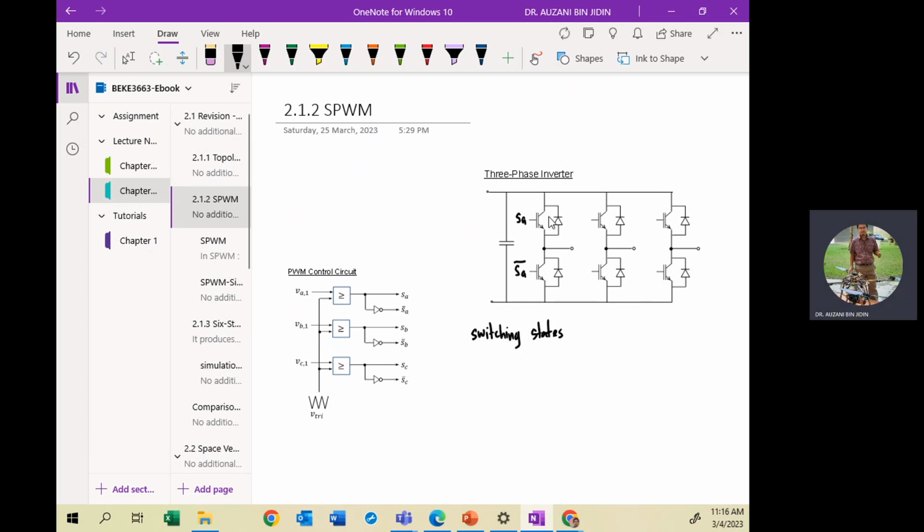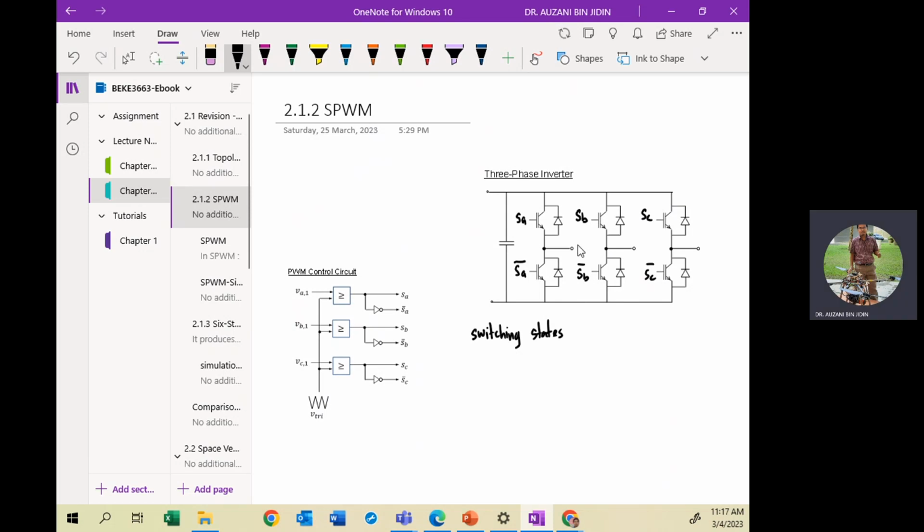So when the top is on, the bottom will be off. SA is 1, logic 1, indicating the switch is on. The bottom switch, SA bar, must be 0, logic 0, indicating that the switch is off. Okay, clear? And for phase B or leg 2, here will be SB, SB bar, SC, SC bar.